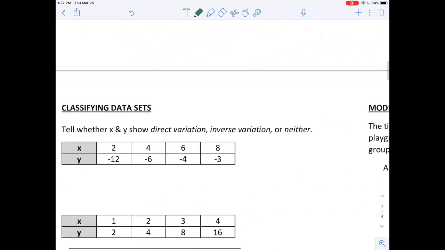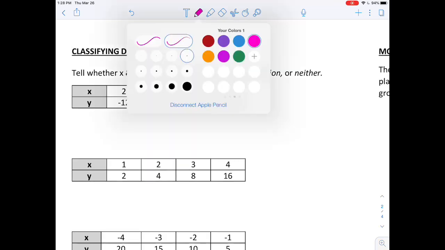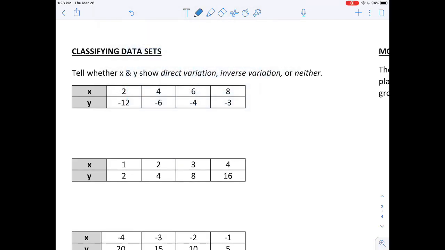All right, let's go ahead and move on to page 2. And this time, instead of identifying inverse or direct variation from an equation, we're going to use a table of values. So let me just remind you that if we have our constant a is equal to y over x, so if the quotient is constant, then we have direct variation.